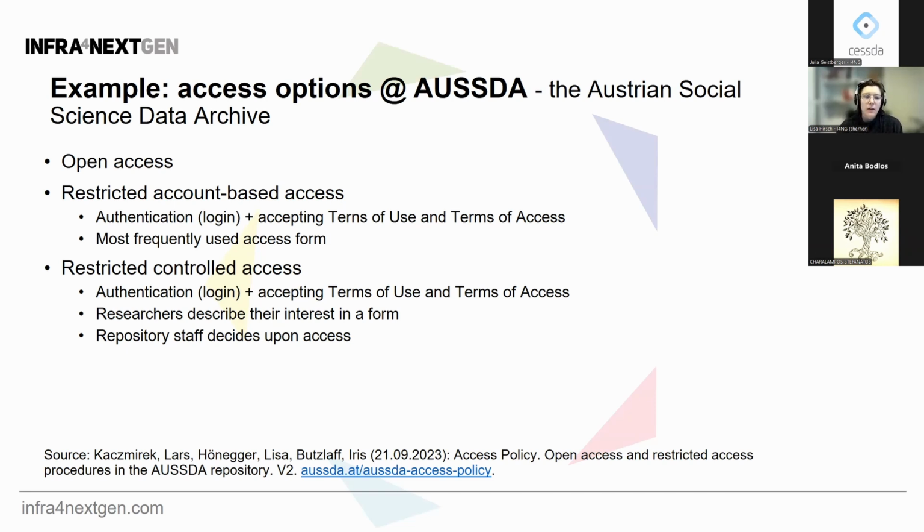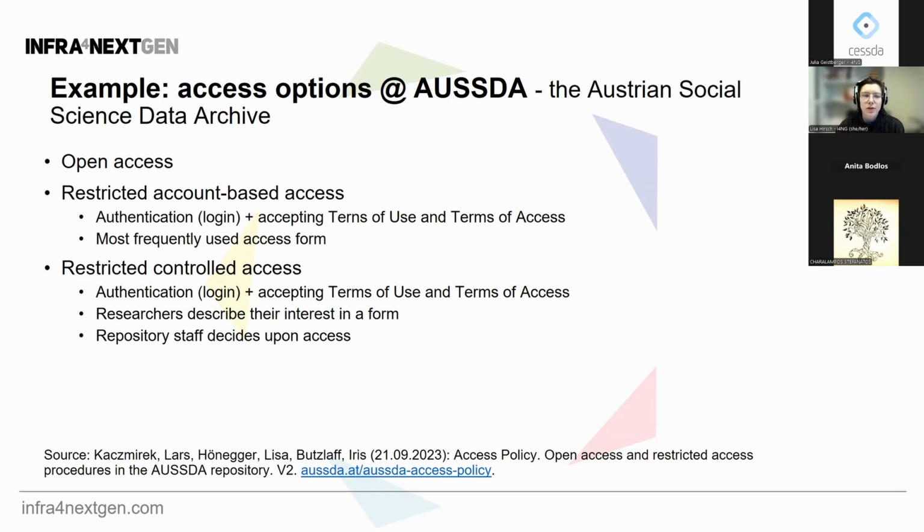And then we have two different options for a more restricted access, one that is called restricted account-based access, and the other one is called restricted controlled access. For both of these, an account in our repository software is needed.